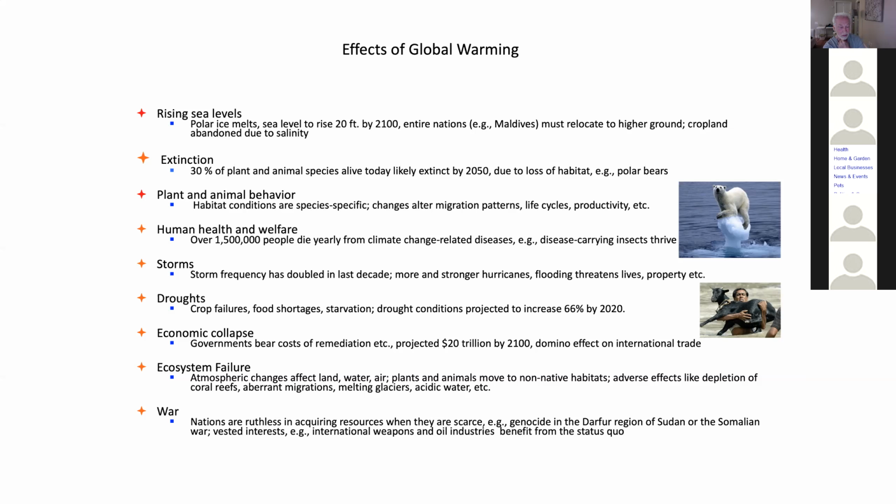Nations are inclined to do drastic things, like, for example, the genocide in the Darfur region of the Sudan. Right now, there's a war going on in Yemen, supported by Saudi Arabia, and it's causing huge problems for the population there.